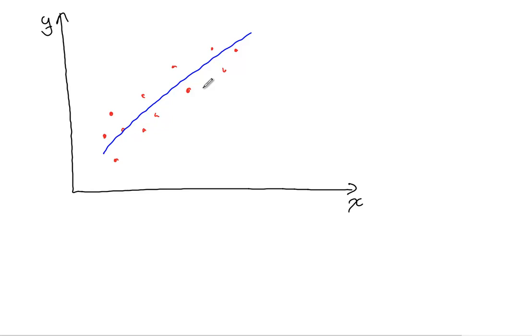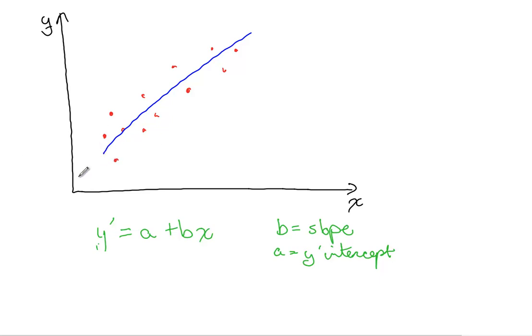Remember that lines are always going to have a slope and a y-intercept. The equation of this line is going to look like y prime is equal to a plus bx, where b is your slope and a is your intercept for y prime, meaning it's where this line is going to hit the y-axis.